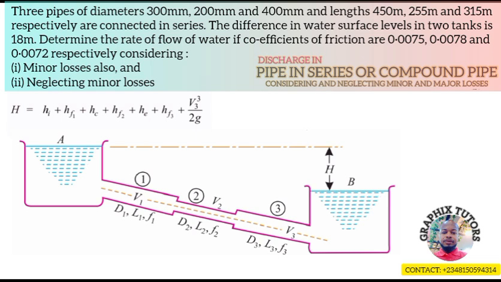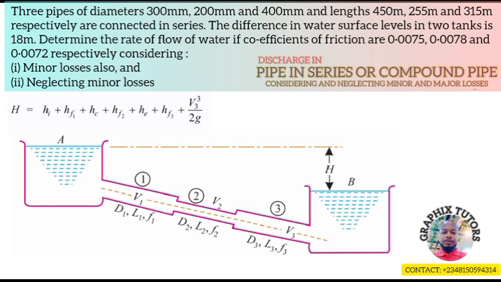The general formula is telling us that the difference in the liquid surface level, capital letter H, equals the head loss at the entrance, we use H sub I, plus the head loss due to friction in pipe 1, that is HF sub 1. And we have the head loss at contraction, that is H sub C, the head loss due to friction in pipe 2, we'll call it HF sub 2.